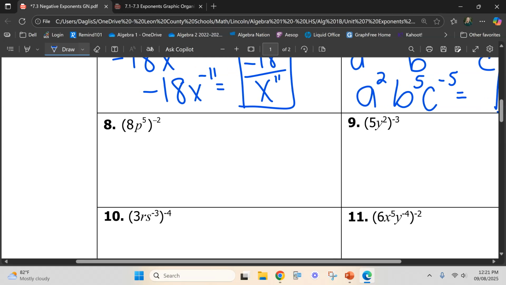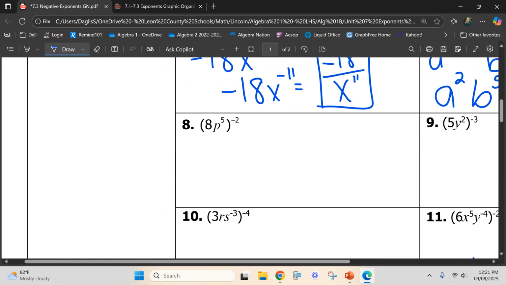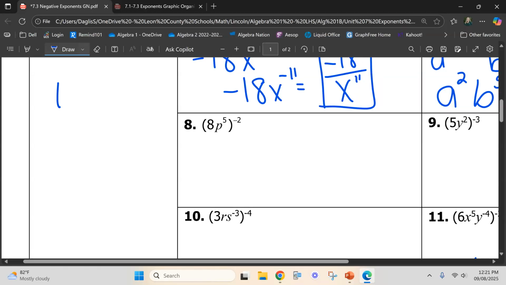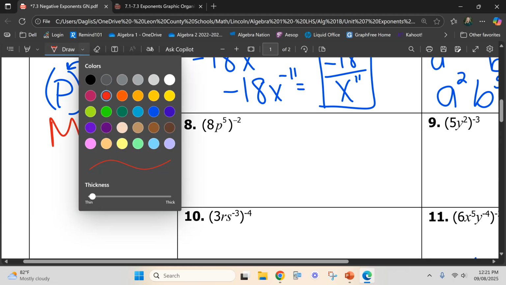What's happening in 8 that I haven't had yet? You get to multiply. What do we see? Parentheses. Good. Remember, if we have parentheses, all of my exponents go inside, and then I will multiply my exponents together.